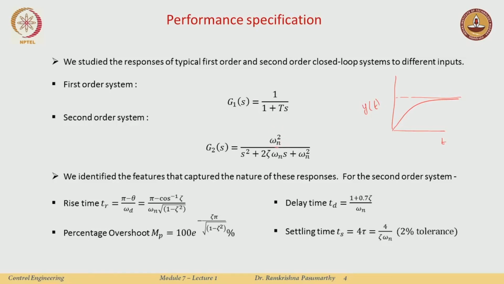I had the natural frequency omega n square, I had the damping ratio zeta and so on. And for a second order system, we defined some basic properties like the rise time, again depending on zeta and omega n. The delay time was also depending on zeta and omega n. Similarly, the peak overshoot was only depending on zeta, and the settling time again on both zeta and omega n.